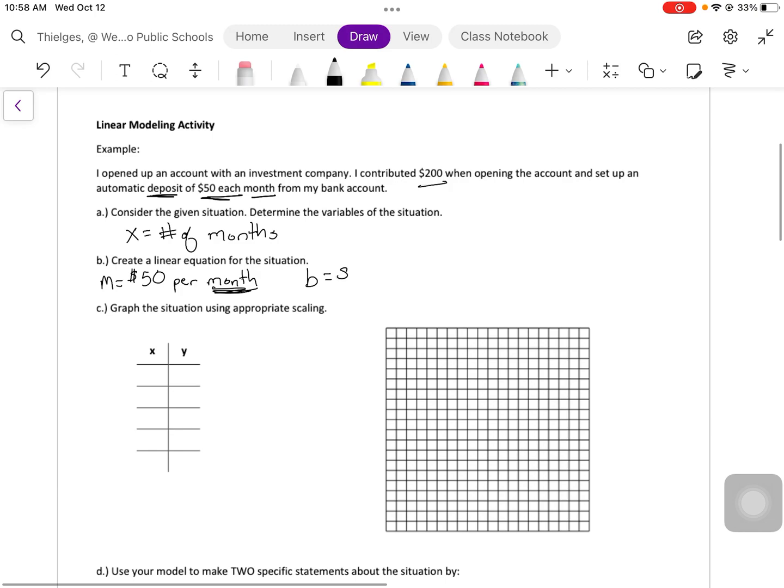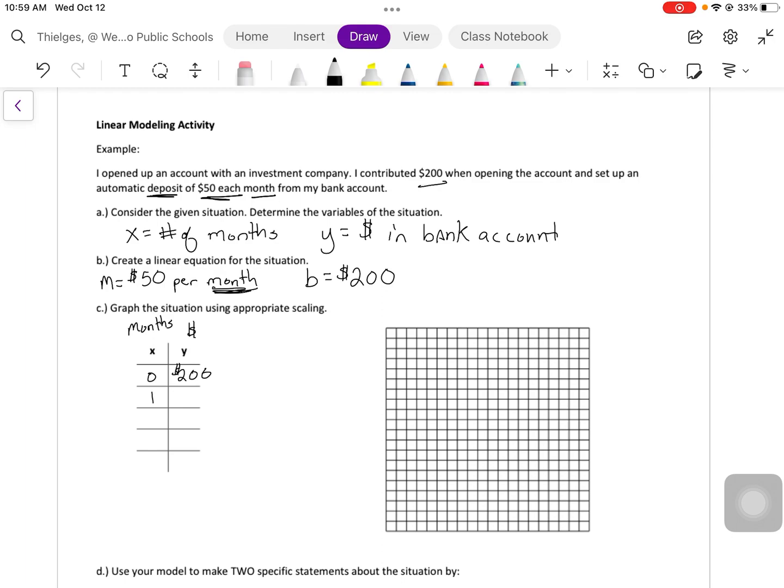That's my y-intercept. So when I have 0 months gone by, I have what in my bank account? I've got money. So y will be the amount of money in the bank account.